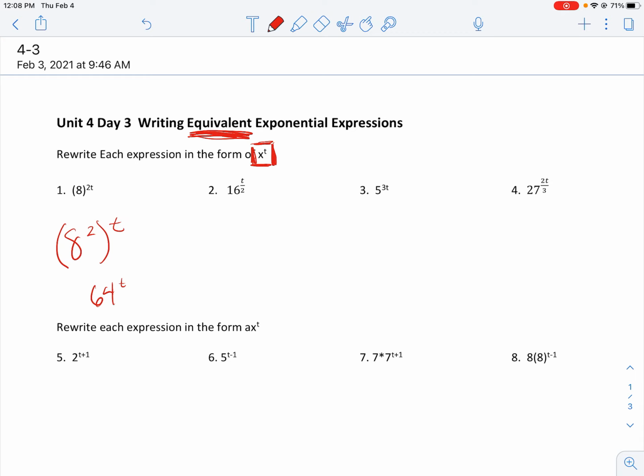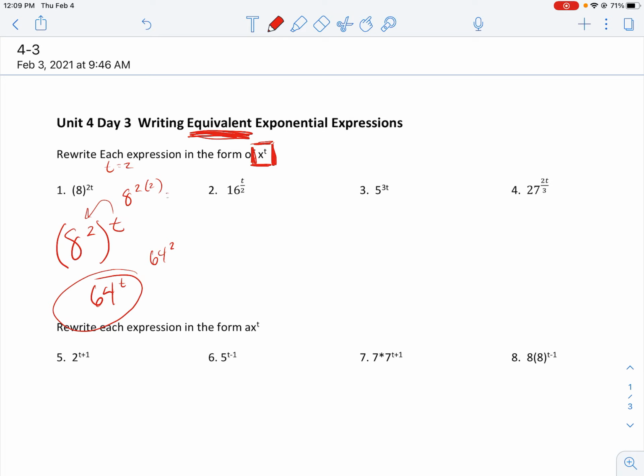And again, we didn't break any rules here, because if I wanted to get back to where I was, I would just multiply this t with that exponent inside there. So again, these are the same expression. If I put in a value for t, let's say t is equal to 2, then 8 to the 2 times 2, and 64 squared.